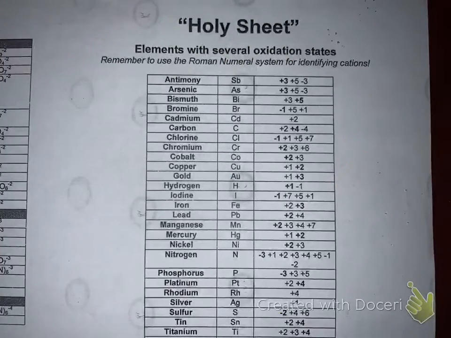The other side of the page is the holy sheet. These are atoms that can be more than one charge. For example, a good example of this is iron. Sometimes iron has a positive 2 charge. Sometimes it has a positive 3 charge. You'll notice that almost all of these are transition metals in the middle of the chart.